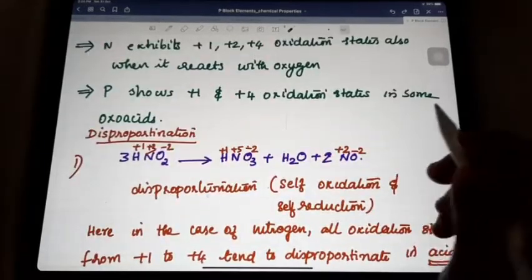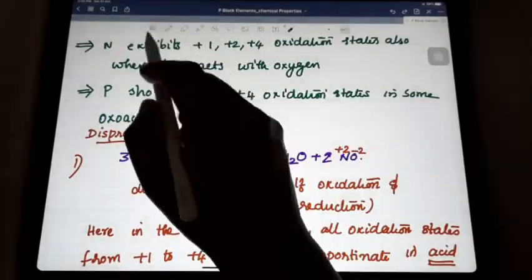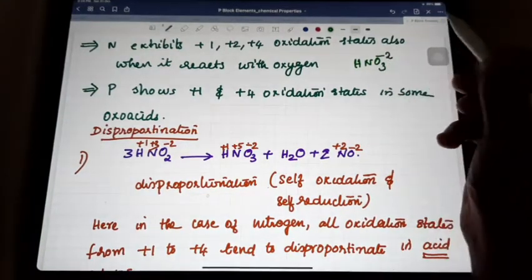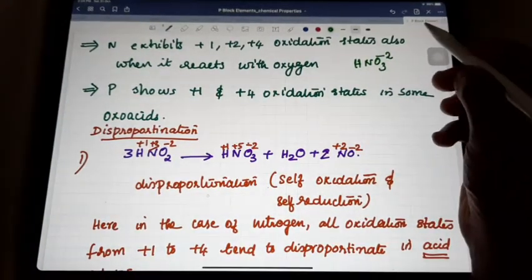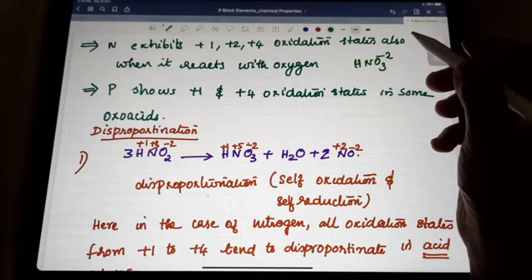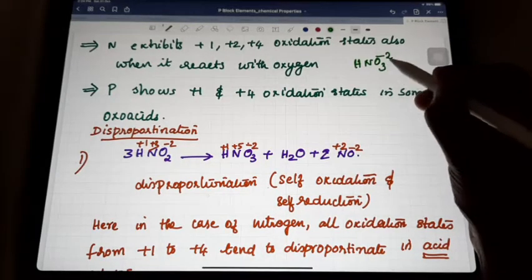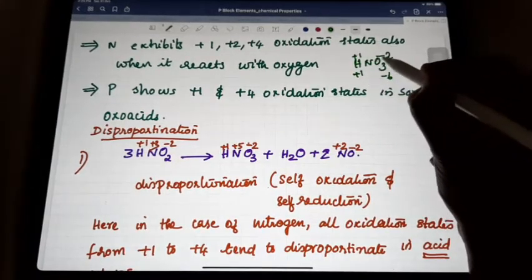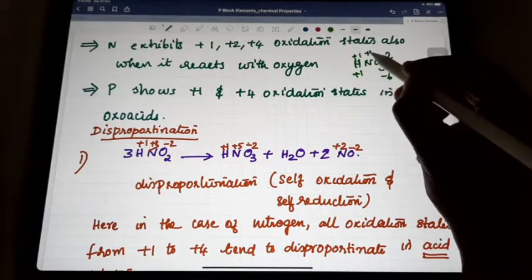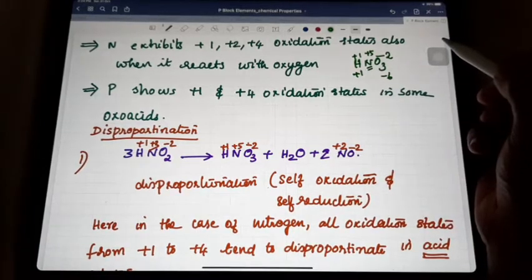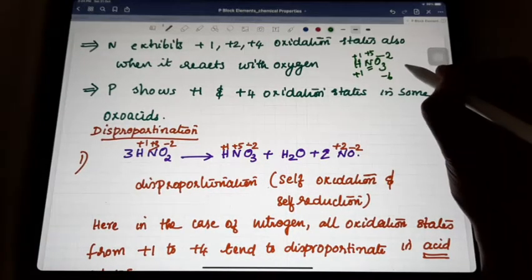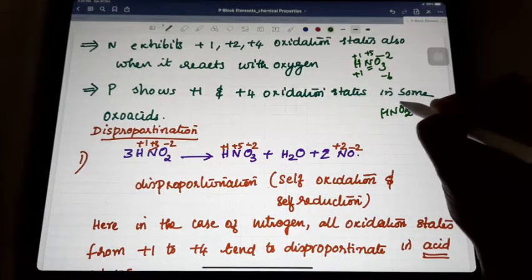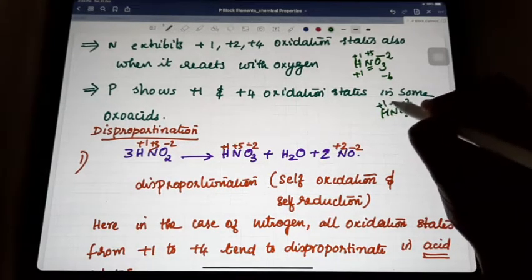Right? So examples are HNO3. Here you studied how oxidation states are written in last year's redox reactions chapter. So here -6, here +1. How much will it be there? +5. So nitrogen here exists in the +5 oxidation state. In the case of HNO2, here -2, here +1, so here +3.